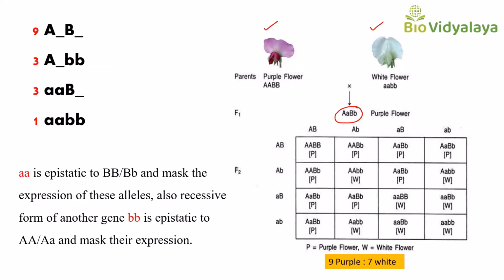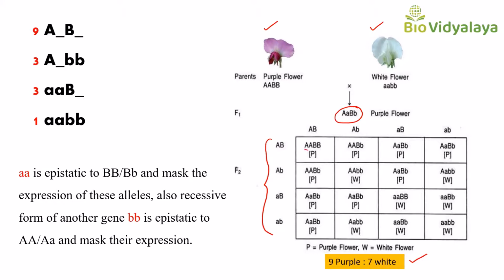The dominant form means that it may be homozygous dominant or heterozygous. Okay. After that, F1 hybrid is self crossing and this is the F2 generation. In F2 generation, we are getting purple flower to white color flower in the ratio of 9:7. So let's see this Punnett square.